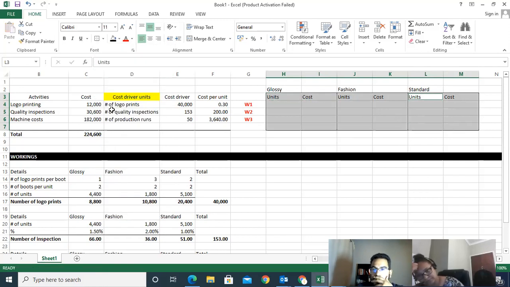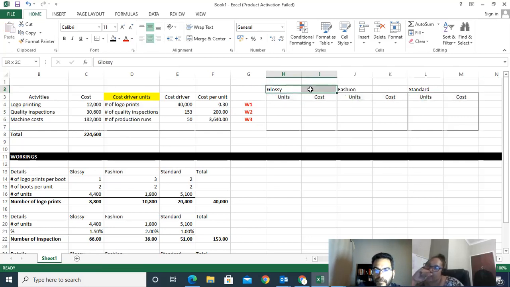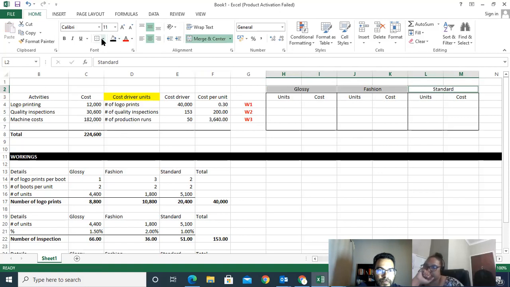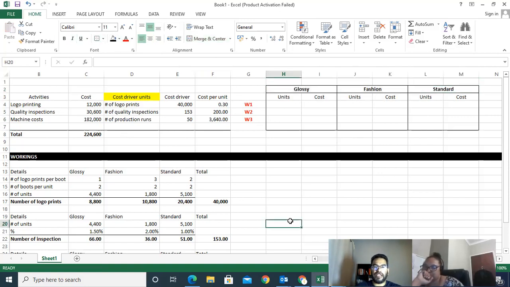So that's what's going to be over there. So that is how it's going to be.